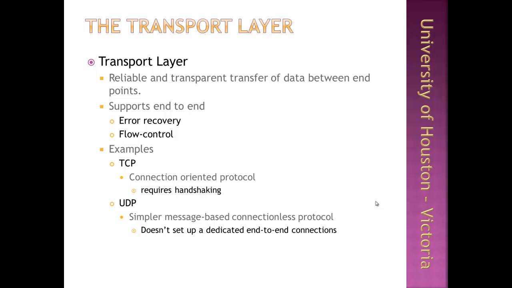Above your network layer, you have the transport layer. The transport layer is responsible for reliable and transparent transfer of your data between the two endpoints of your network. It also supports services for end-to-end flow control and end-to-end recovery of errors in your network.